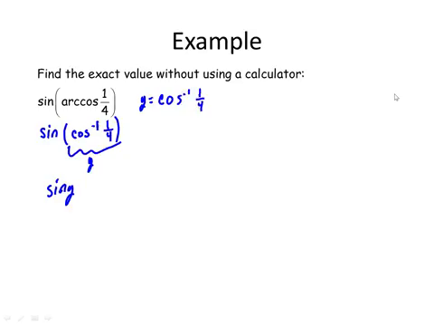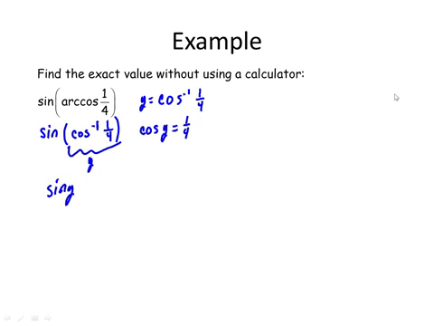But to get rid of the inverse, all I have to do is this. So I'm basically asking myself, cosine of what number, or what angle, is 1/4? But I don't need an exact angle. I just need to know what y is, because I'm trying to figure out what is sine y.